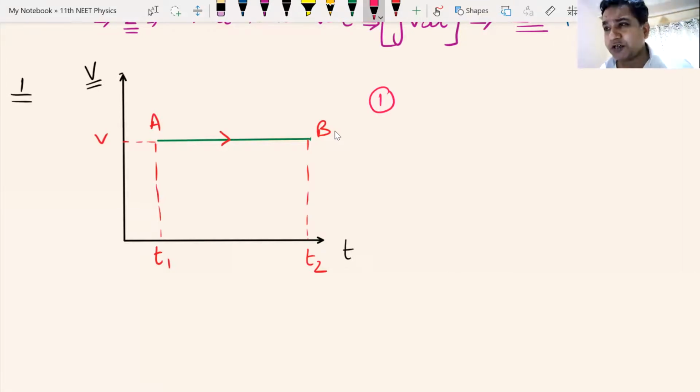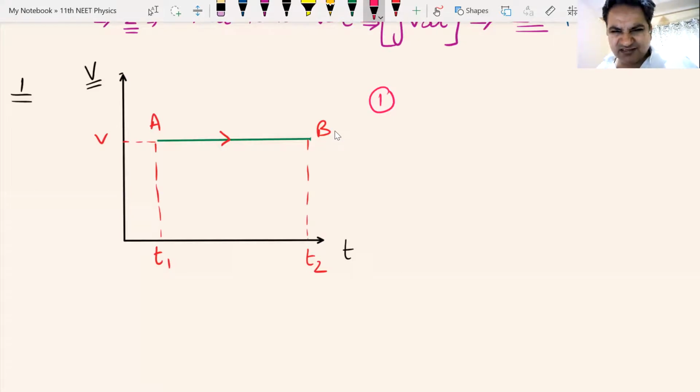I'll ask you a question and you give me the answer. That will be point number one. Is the particle moving or is the particle at rest? Niharika comes up with an answer straight away: it is at rest. Remember, beta, this is not a position time graph. This is a velocity time graph. A velocity time graph parallel to the x-axis, the t-axis, does not mean the particle is at rest.